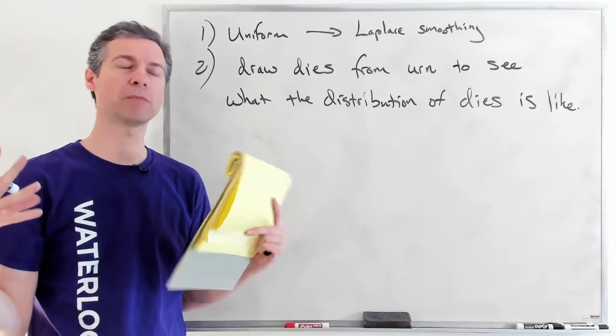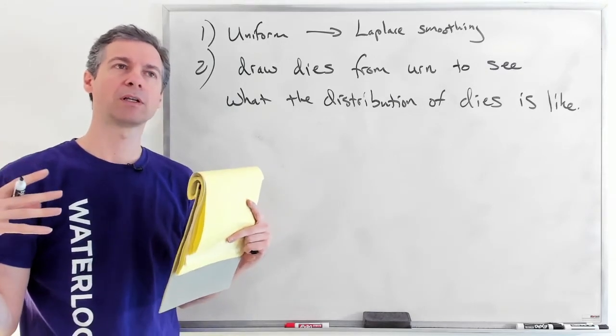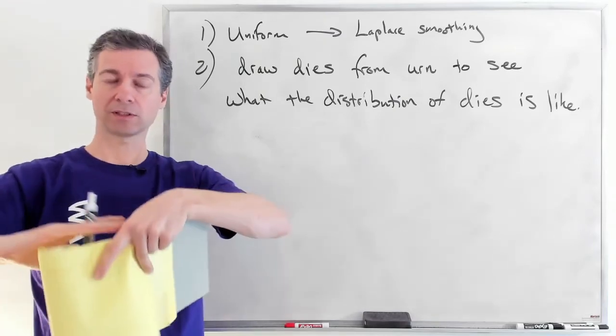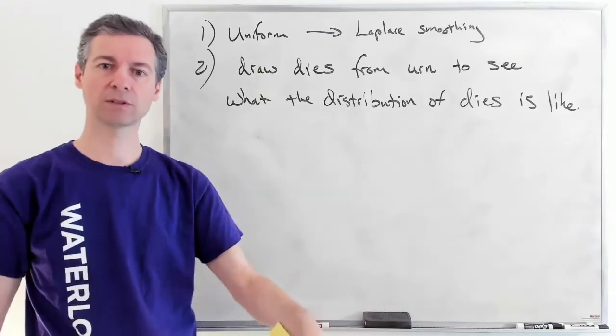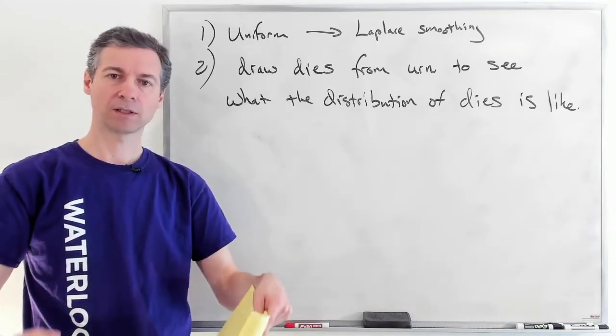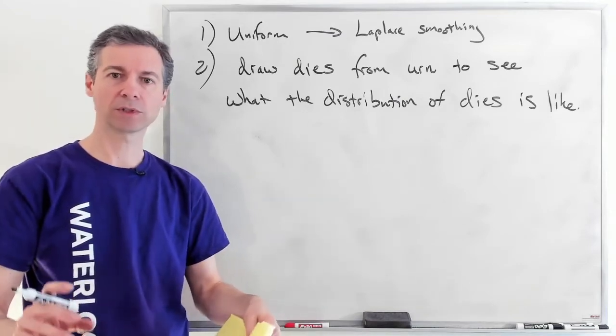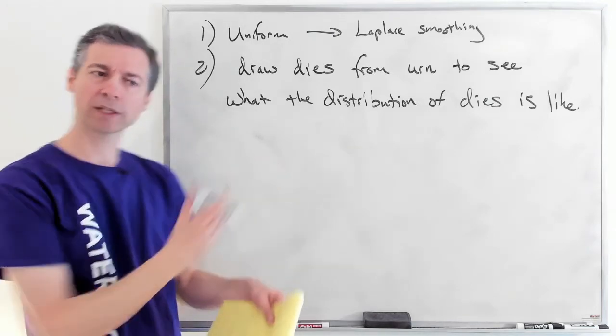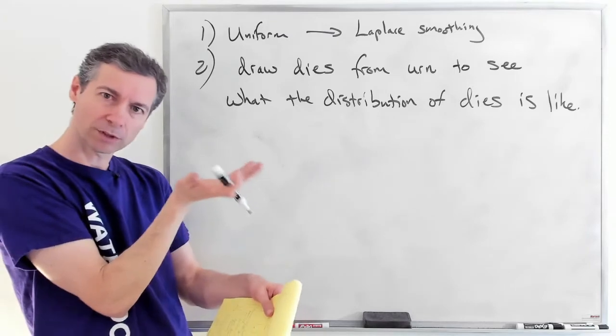I find it a little mind-blowing to think about, we're not sampling individual rolls anymore. Now it's like we're sampling this whole big system, this whole big universe of models. We've got all these multinomials, and we're going to pull another multinomial out of it and go, what does that multinomial look like?